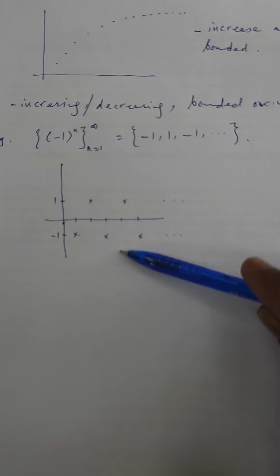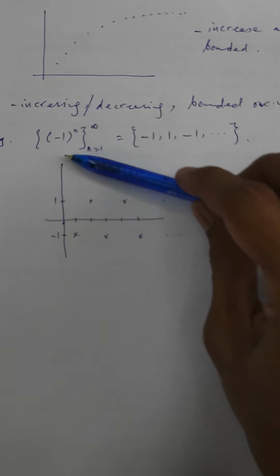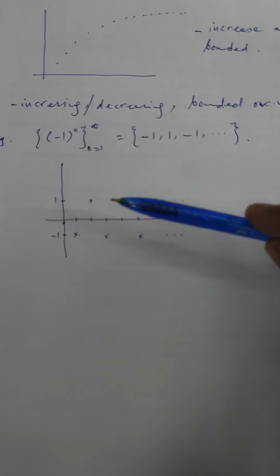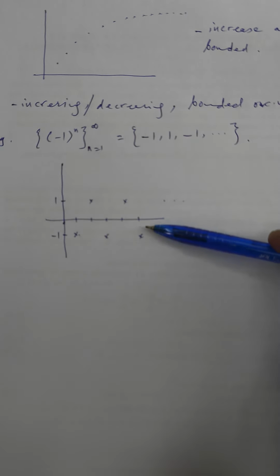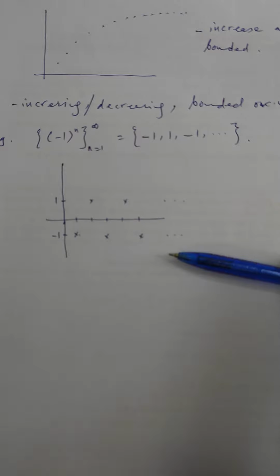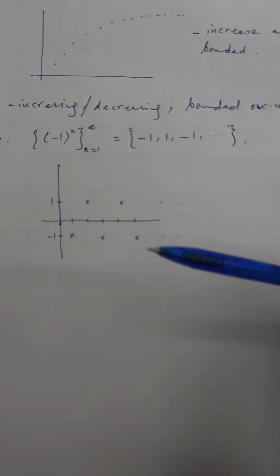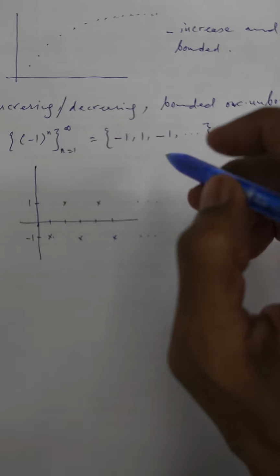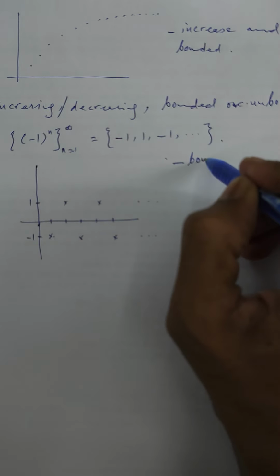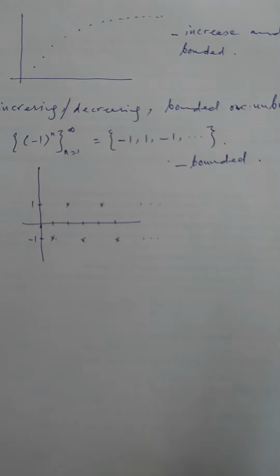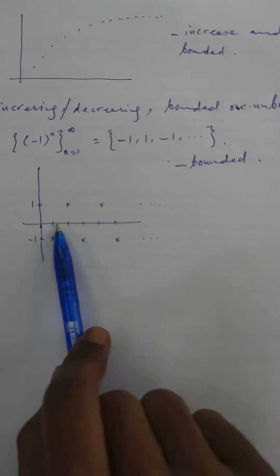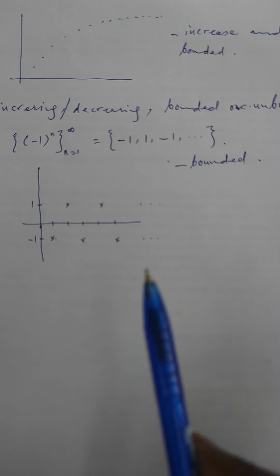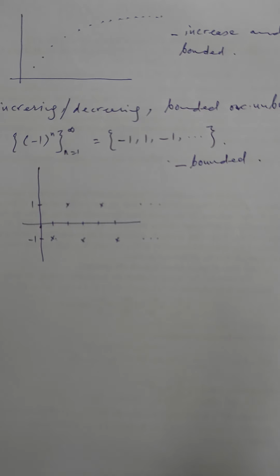Okay, so it is obvious in this case that this sequence will not exceed 1. The elements of that sequence are not bigger than 1, and not smaller than minus 1. So in this case, the sequence is bounded. But as n increases, the sequence is not approaching a limit.